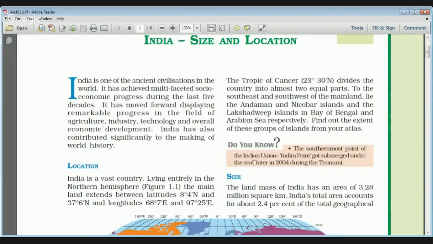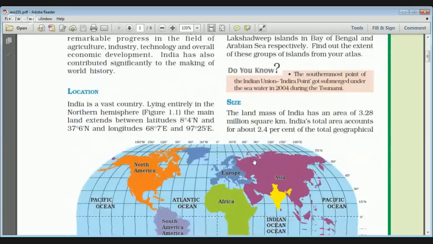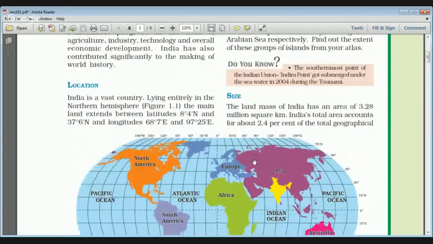Now if you see the location of India, India is a vast country, and its location is defined by its latitude and longitude. The definition of latitude and longitude we have already covered in the Class 6 chapters. The exact location of India is, its latitude extends between 8 degree 4 minute north up to 37 degree 6 minute north.